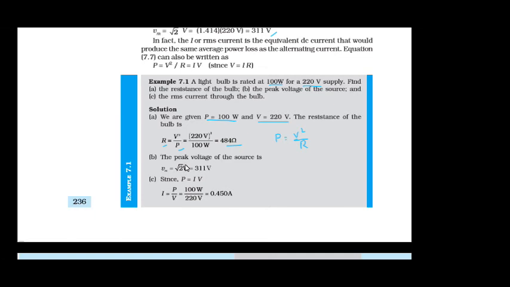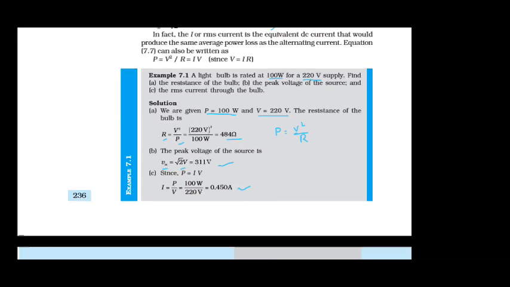The peak voltage of the source is, we know that Vm is equal to root 2 into V. Put the value of V, that is 220, multiply by root 2, that is 311 volt. Since P is equal to IV, so I is equal to P by V. So put the value of P and V, we get I, that is 0.450 ampere.